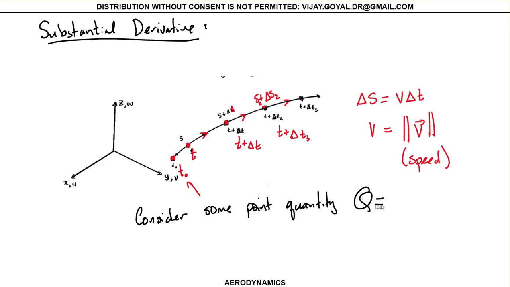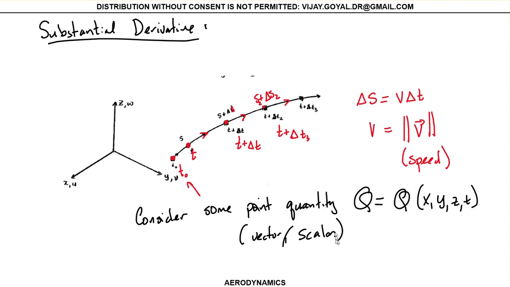And let's say this quantity is a function of x, y, z, and t. This can be anything. It can be a vector. It can be a scalar. That really doesn't matter. The question is, how does q vary with time?